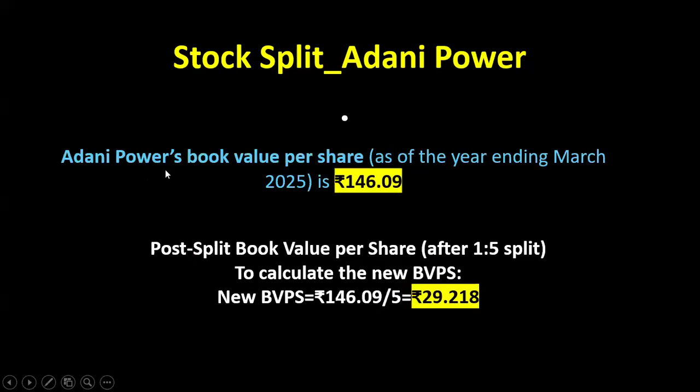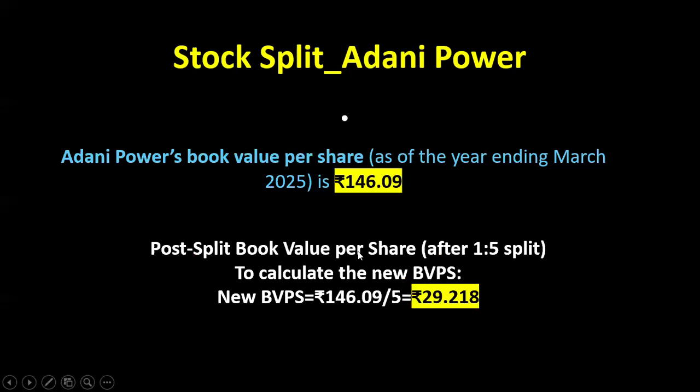Adani Power's book value per share before the split was 146.09, equity divided by number of shares. Now the same equity, but the number of shares has gone up.